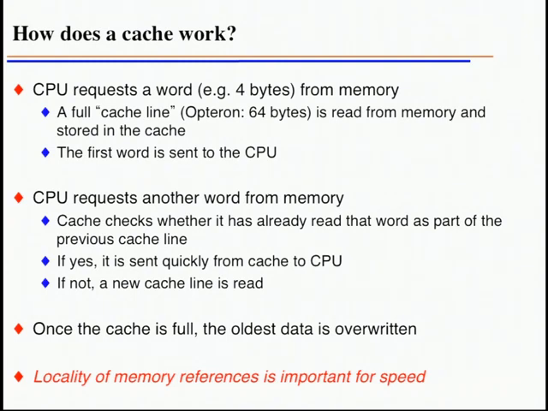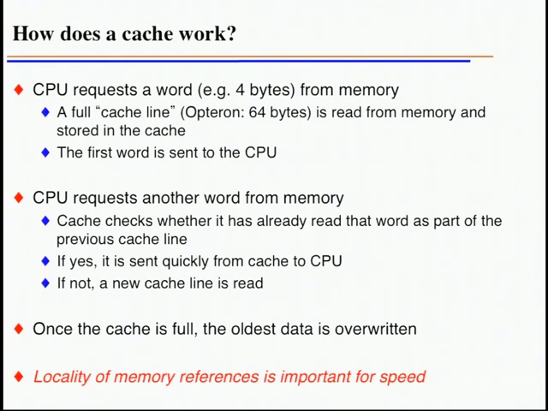But it will not only request that single word, but a whole so-called cache line, which will typically be 64 bytes of consecutive memory. And that consecutive memory will directly be read from memory and stored in the cache. And then the cache will send the first word, which was requested by the CPU, directly on to the CPU.